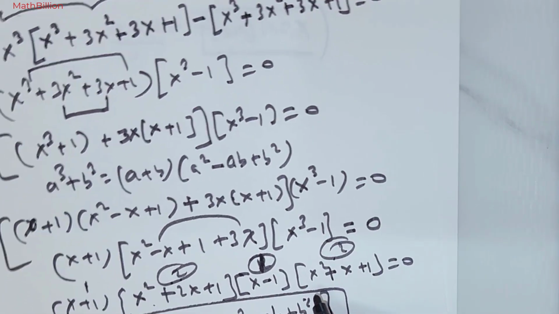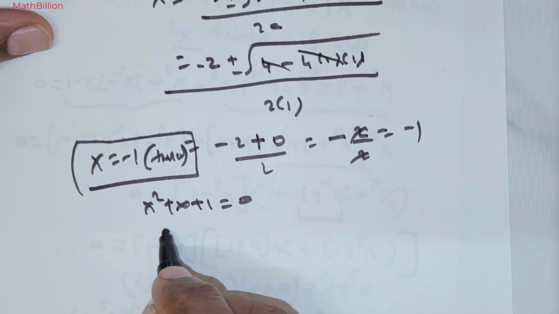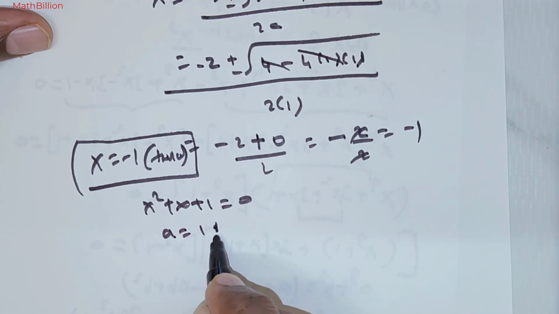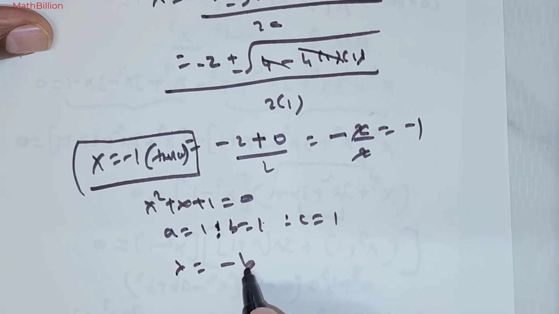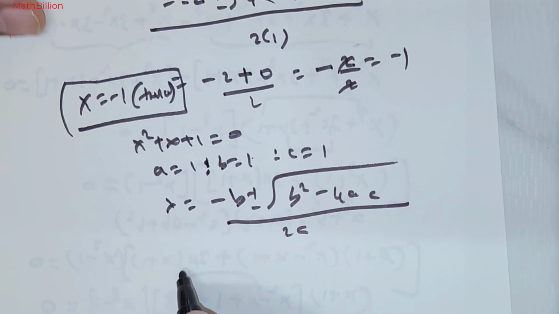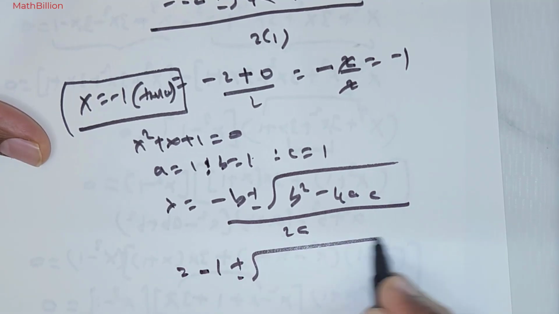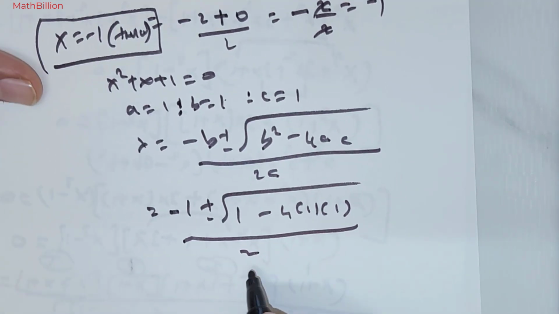Now we got the next component, x^2 + x + 1 = 0. So a = 1, b = 1 and c = 1. So x = (-b ± √(b^2 - 4ac)) / 2a. So (-1 ± √(1 - 4 × 1 × 1)) / 2. So -1 ± √(1 - 4), that's -3, divided by 2.